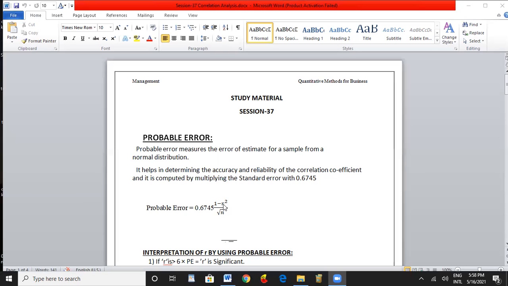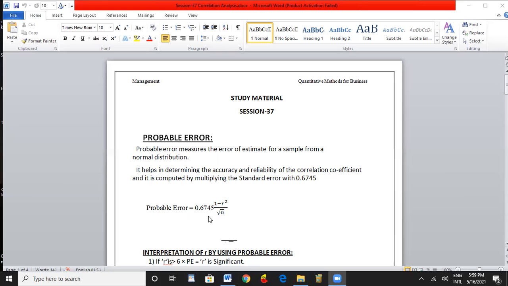If we get 0.5 as the correlation coefficient, then 1 minus 0.5 square you have to calculate, divided by root n. N means the number of pairs. By applying this formula, you can calculate the probable error.